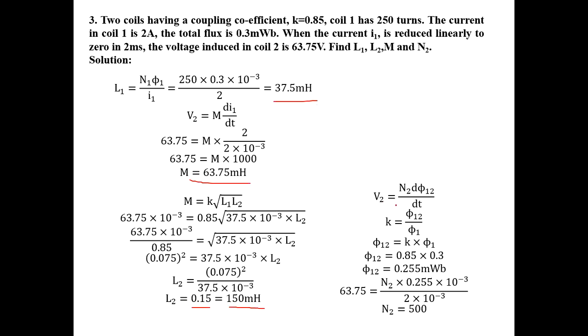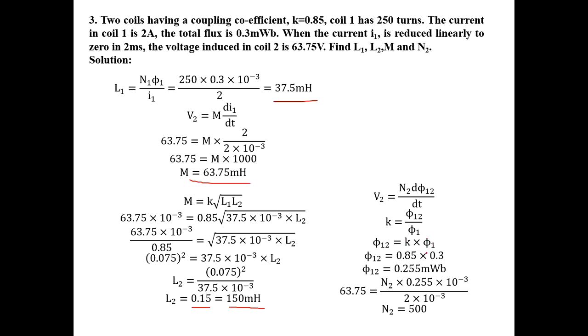Next, V2 is equal to N2 into d phi 12 divided by dt. Using the coupling coefficient, we can write K is equal to phi 12 divided by phi 1. Here phi 12 is equal to K into phi 1. We know the K value, and phi 1 also we know.